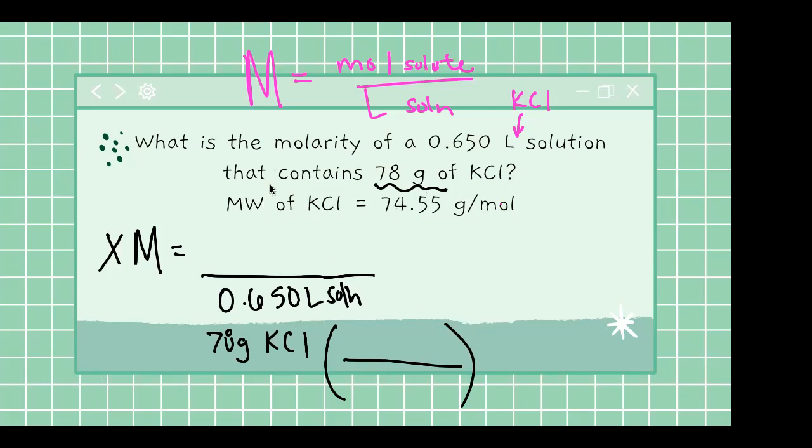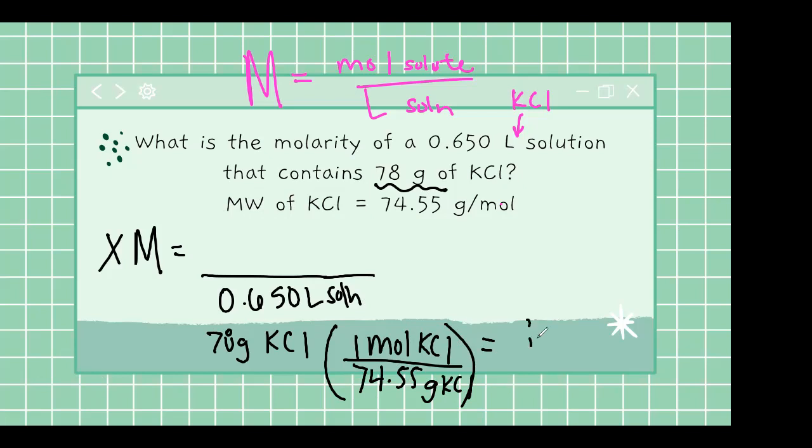The molecular weight is already given, so we just put 74.55 grams of KCl. Remember, we take that unit, put it to the bottom, and this is the molecular weight, so it's per 1 mole of KCl, and that's how you solve for moles. So we convert this 78 divided by 74.55.